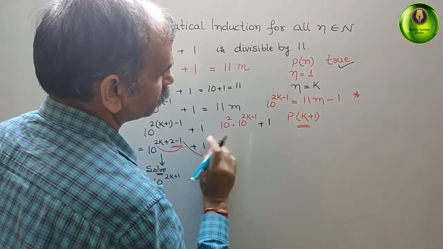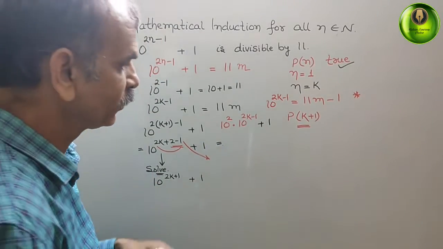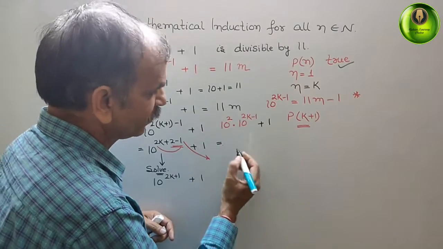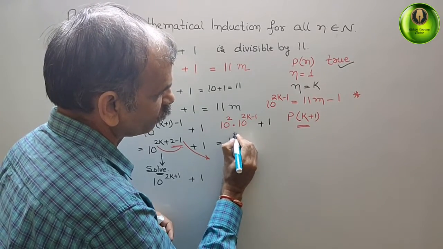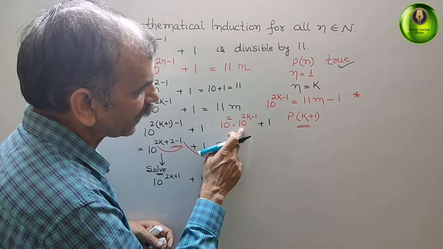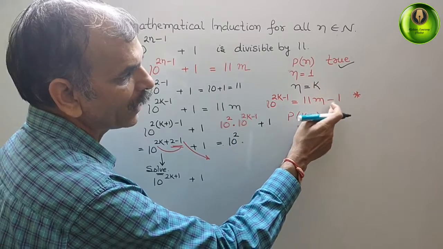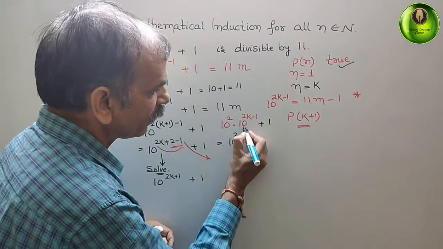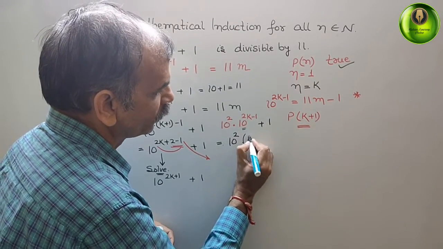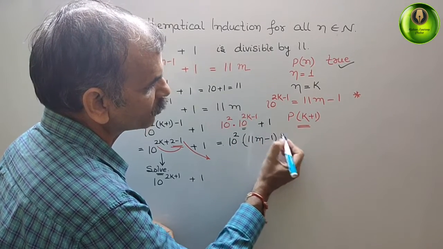Now we know that 10 to the power of 2k minus 1 is 11m minus 1. So here we will substitute this value: 11m minus 1, and here comes plus 1.